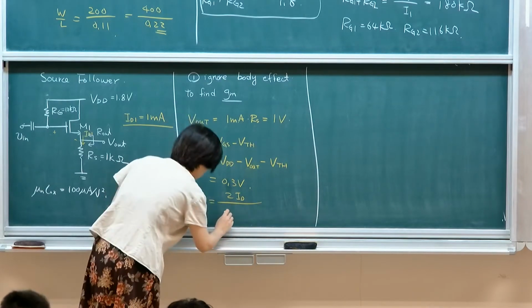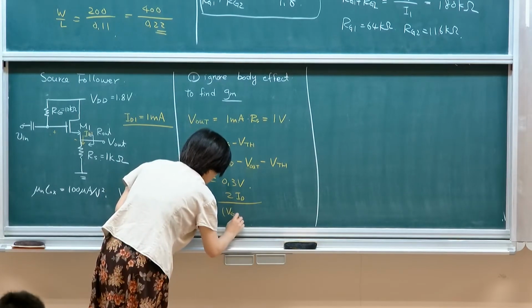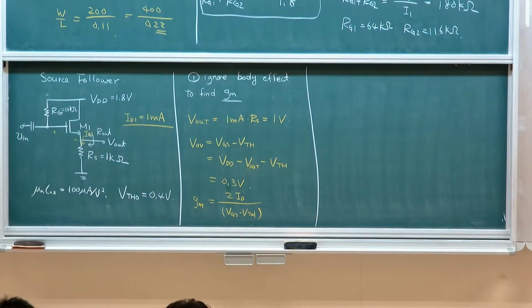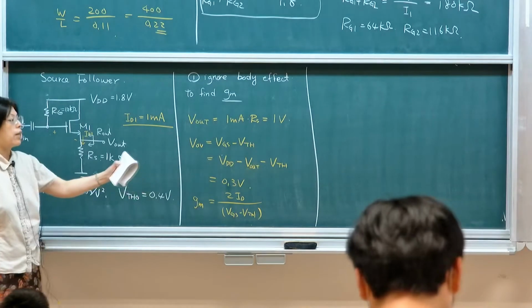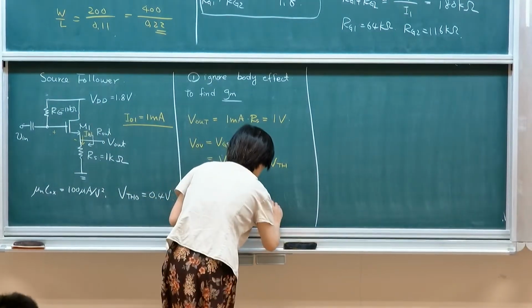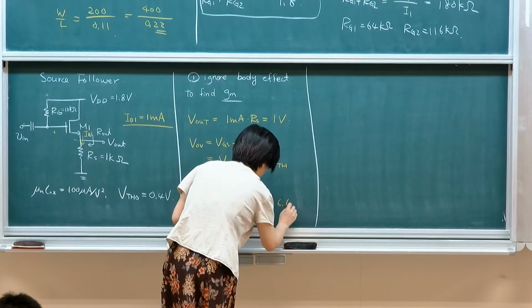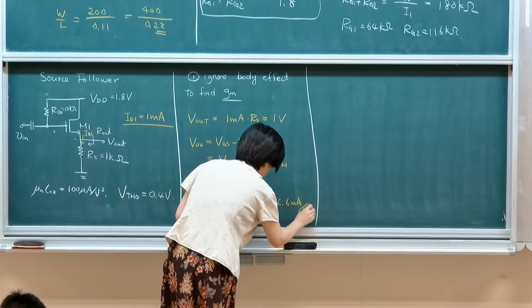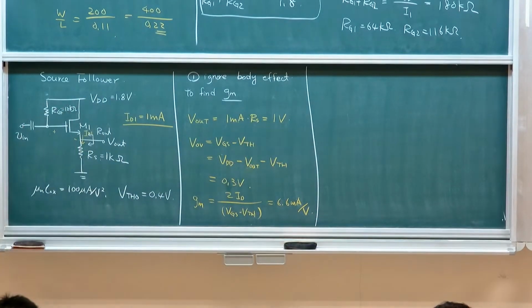As I said, without knowing W over L, you should be able to use this equation to get your transconductance, which is 6.6 milliamp per volt. Okay? So this is fairly large transconductance. Okay? That's good.